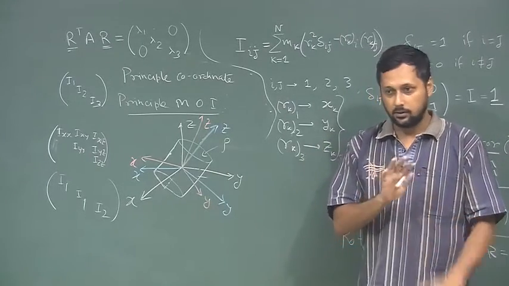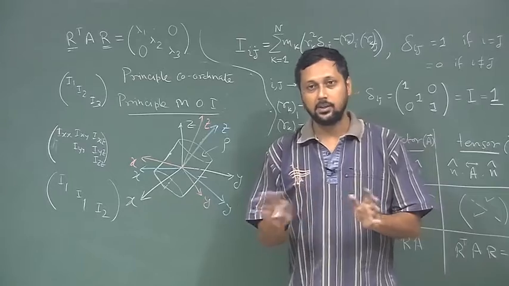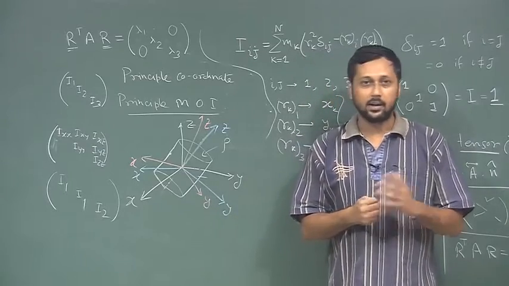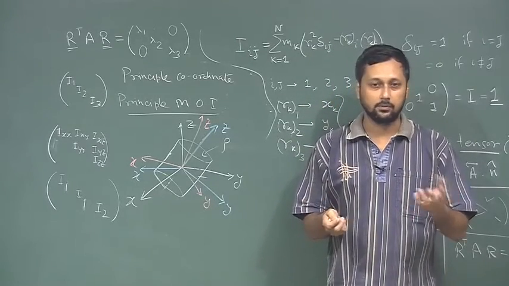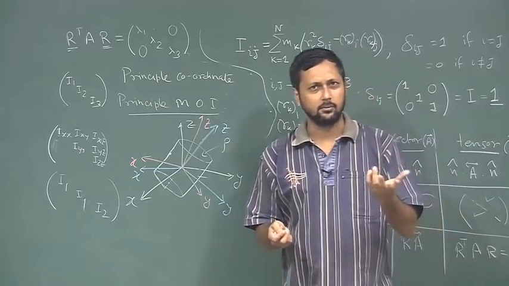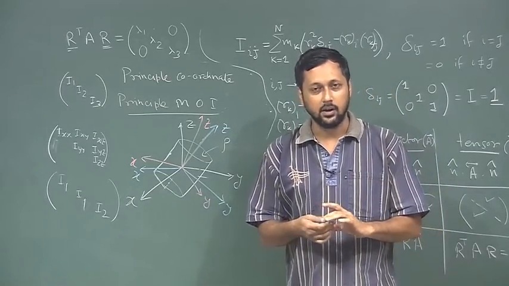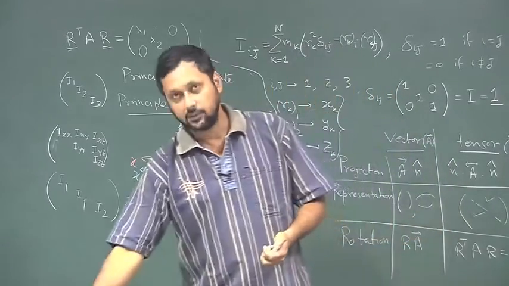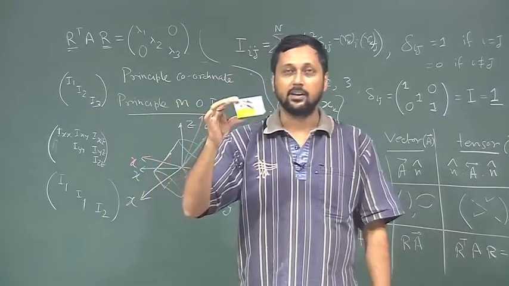Okay. But typically that might not be the case. Okay. We can have, for example, I gave you the example of the resistivity tensor. Okay. Resistivity tensor of this so called imaginary metallic block.